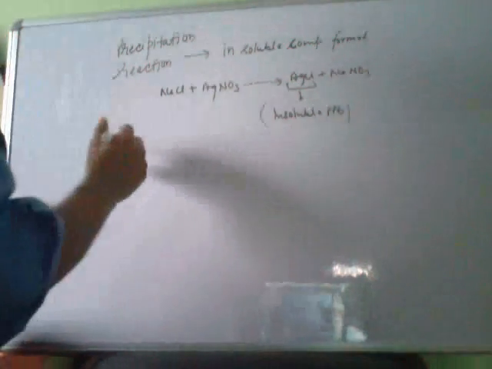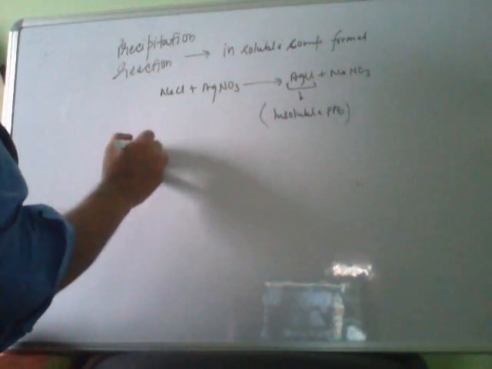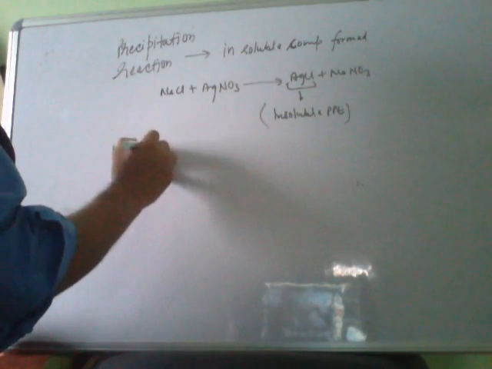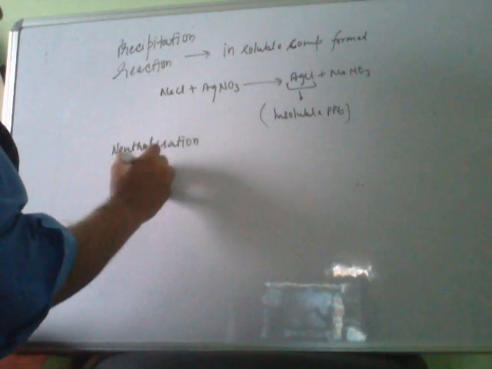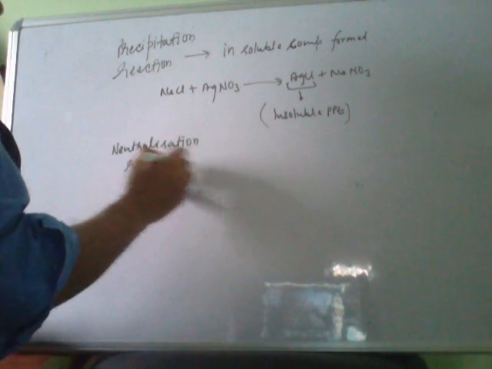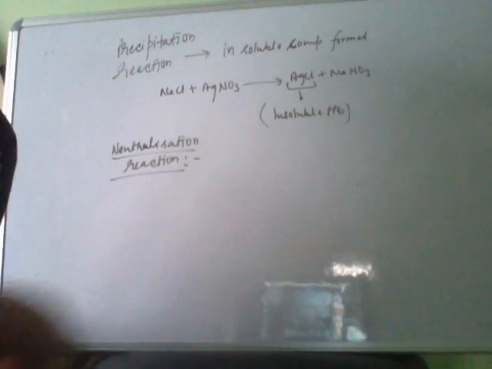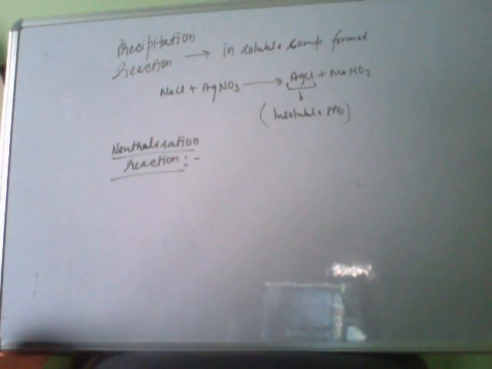After the precipitation reaction comes the neutralization reaction. You already know what a neutralization reaction is. When an acid reacts with a base, they form salt and water. This type of reaction is known as a neutralization reaction.